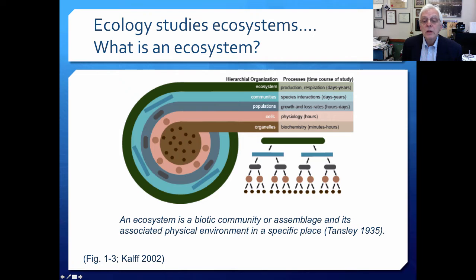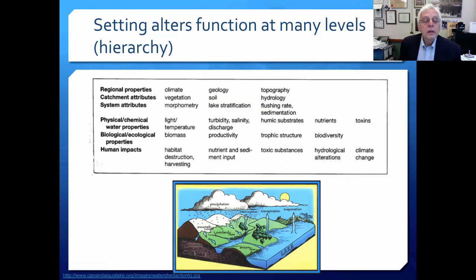So you can see that an ecosystem is made up of a variety of different components of the biological components as well as the physical environment. The setting also alters the function at many levels. So there's a sort of a hierarchy going from the low level of biological effects on ecosystems up to very regional properties that drive ecosystem functions.